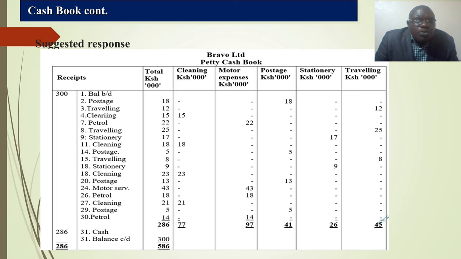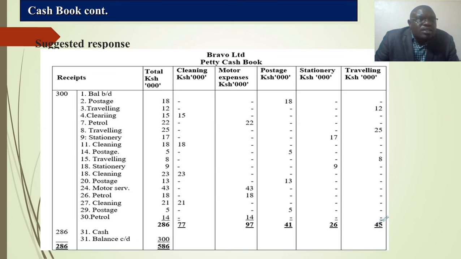So if you calculate the totals of all the columns, you will realize that the total will be 286,000, which is the same thing you will get if you added the whole amount in the total column, 286,000 Kenya shillings.